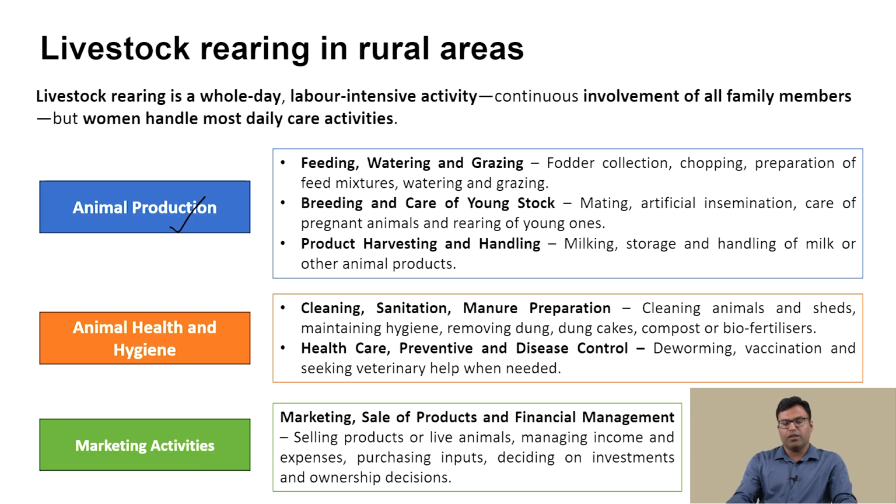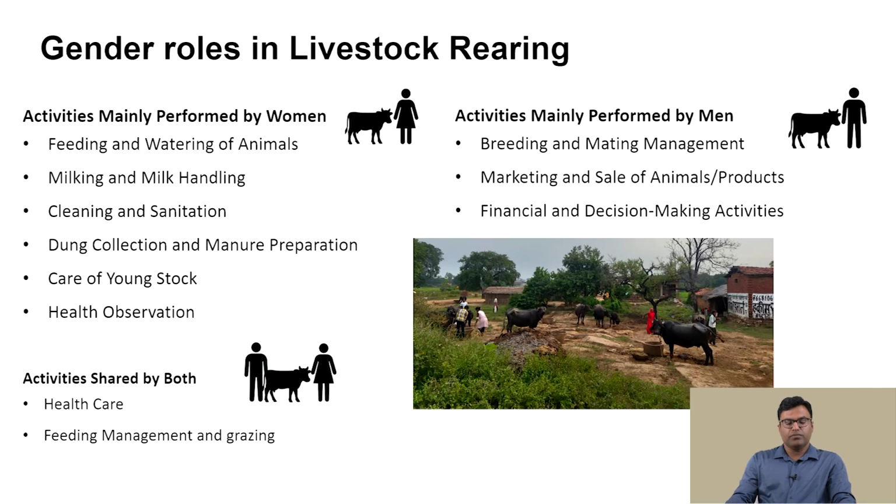The second is animal health and hygiene, under which come cleaning and sanitation of the animals, manure preparation, health care, and preventive and disease control activities. The last is marketing activities, in which the sale of products and financial management related activities come.